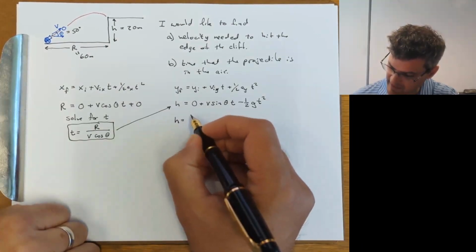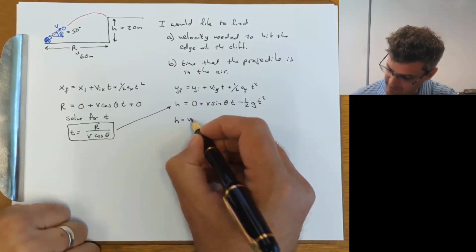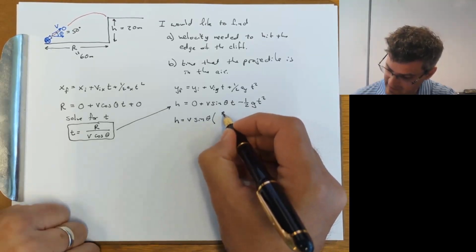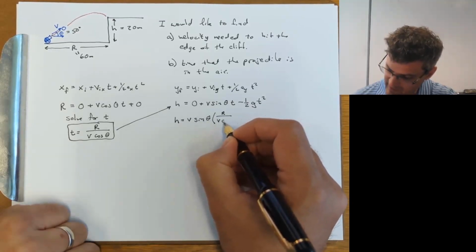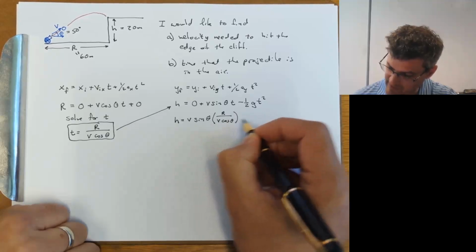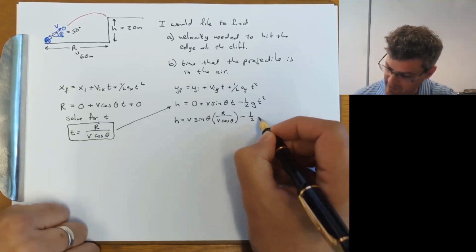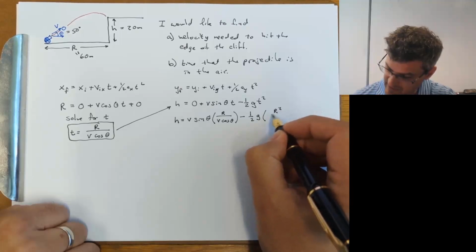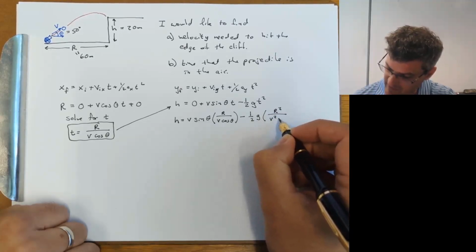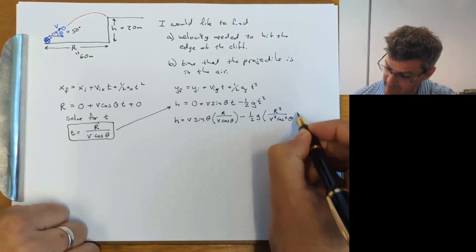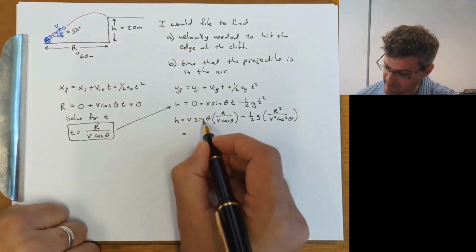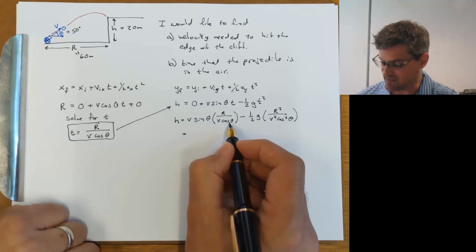It tells me that h is equal to v sine theta times r over v cosine theta minus 1/2 g r squared over v squared cosine squared theta. Now this can be simplified a bit more. Sine theta over cosine theta is tangent theta.